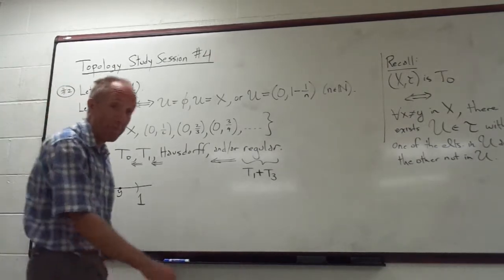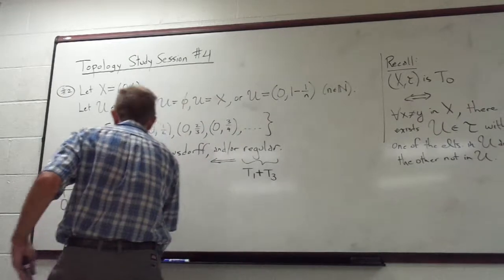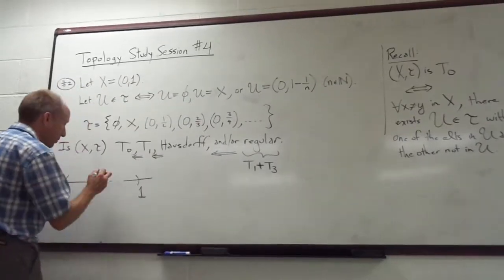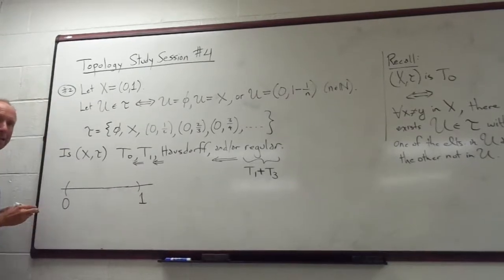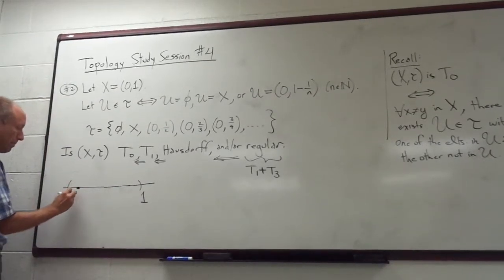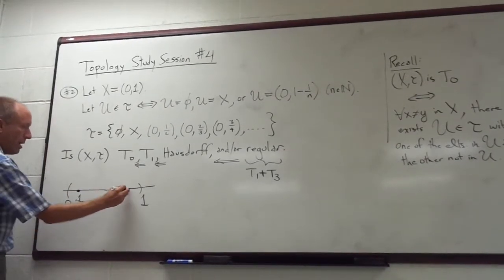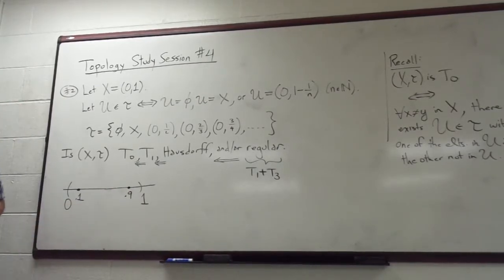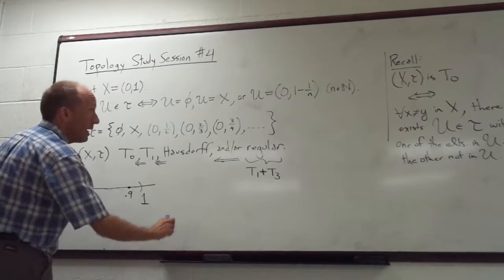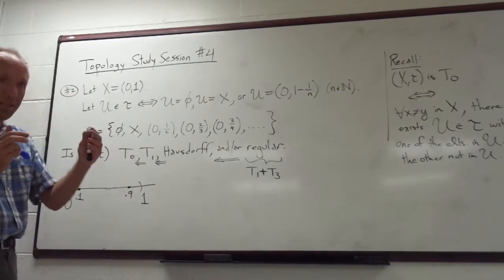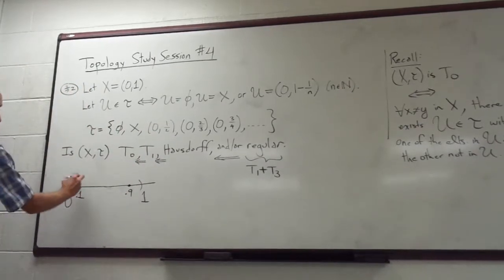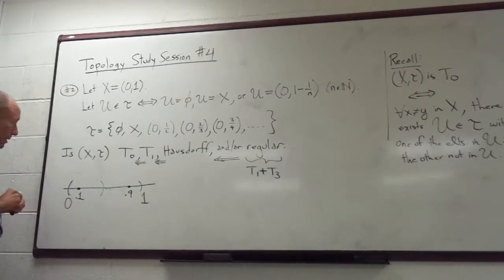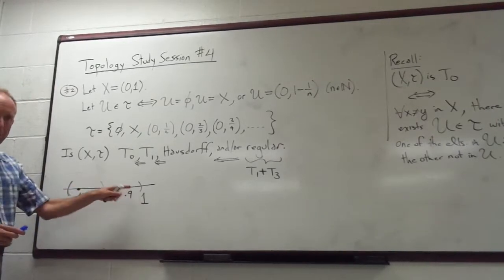I'll give you an example. This is what you have to do if you don't know how to answer the question: try an example. If I take 0.1 and 0.9, those 2 points, well, I claim that I can separate those 2 points because, for example, the interval from 0 to 1/2 contains this point but not this point.